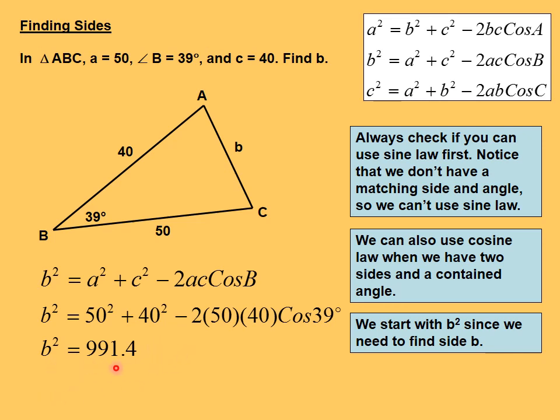Then just take the square root of it, because we have b squared, but we want b, not b squared. So hopefully you can get 31.5 and you're all done, because you just found the length of this side. And check for reasonableness of your answer. 31.5 seems reasonable when these are 40 and 50. And that's how you find sides using the cosine formula. Hopefully that helped your understanding and you can do some questions on your own.